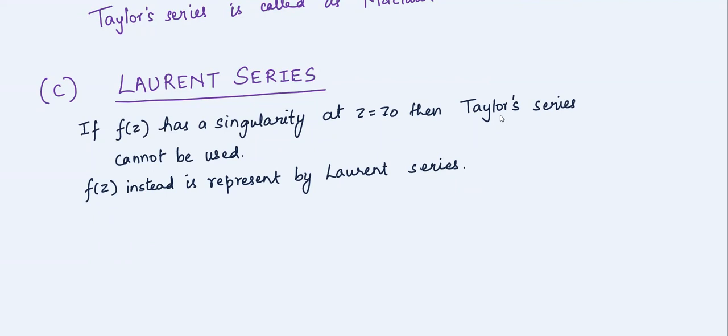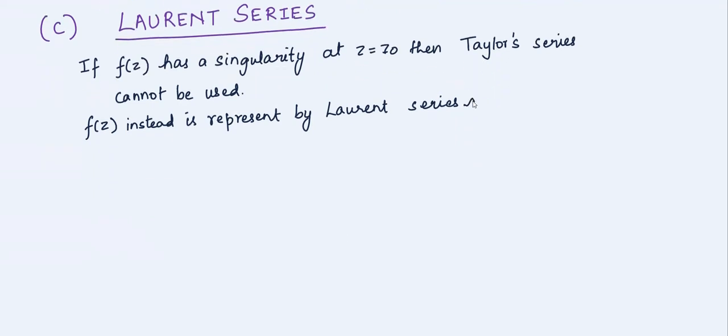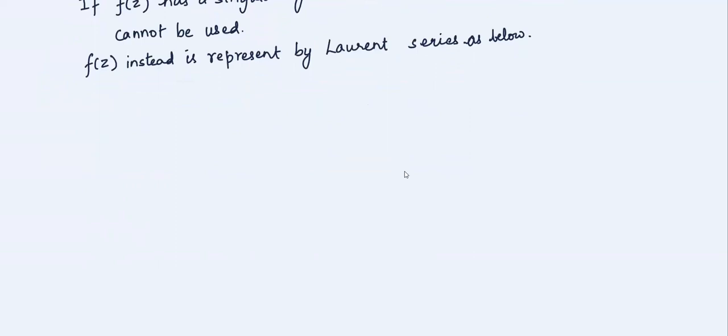Laurent series as below. Okay. So now the function has some point of singularity. So let us say there is a closed path and there is a point of singularity here, z naught. Now around this we take one path.